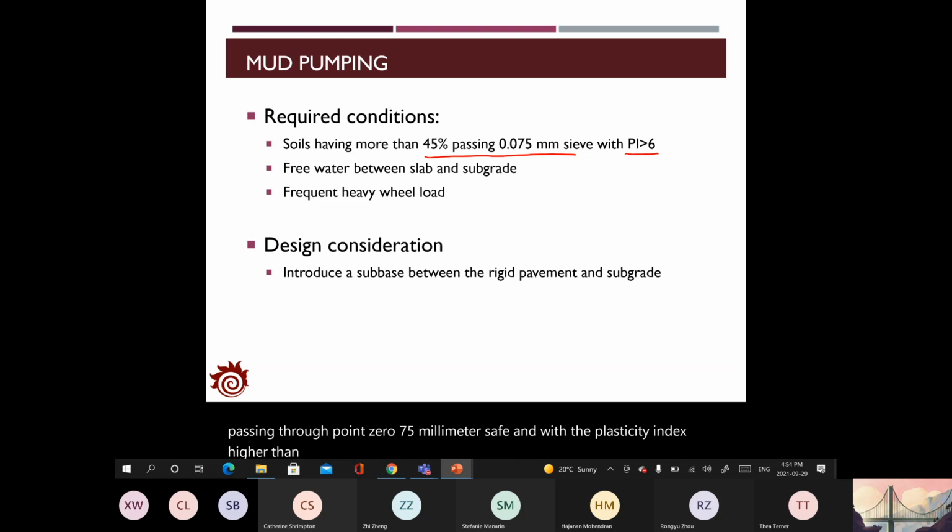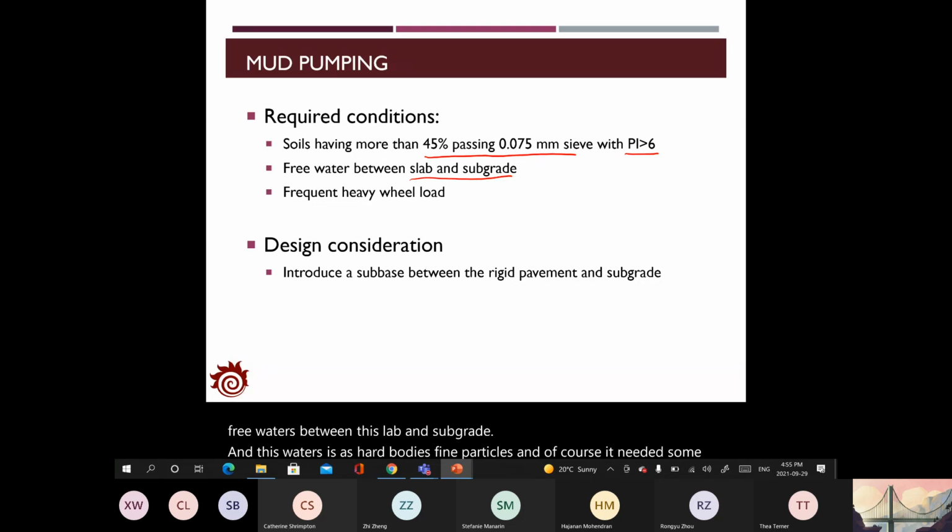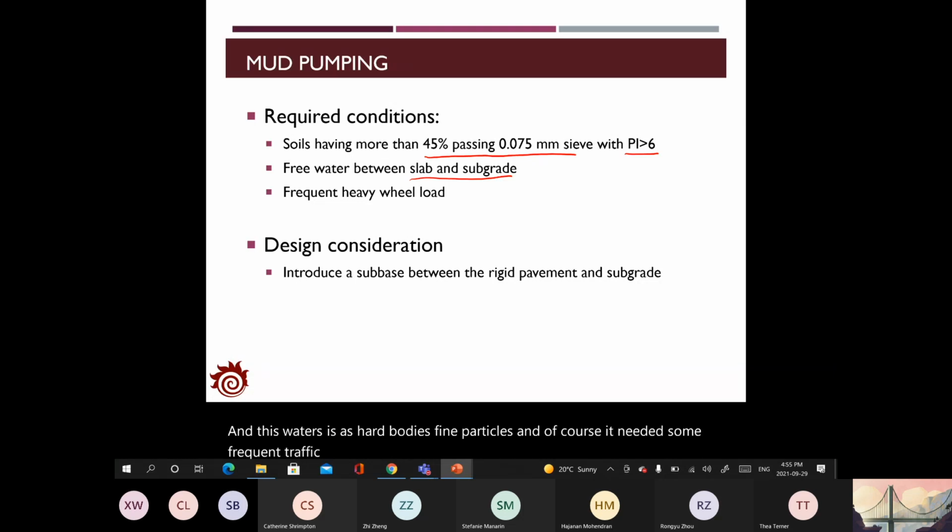So there will be more fine particles, and also it must have some free waters between the slab and subgrade. And this water is held by these fine particles. And of course, it needs some frequent traffic load. The vehicles must move around the cracks a lot, or very frequently during the unit time.